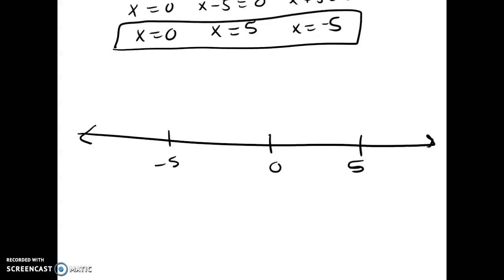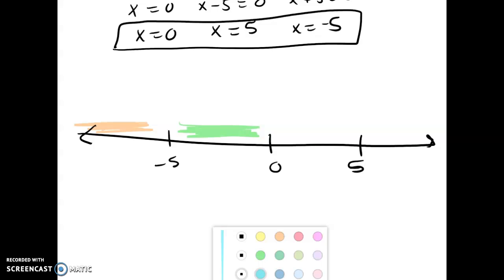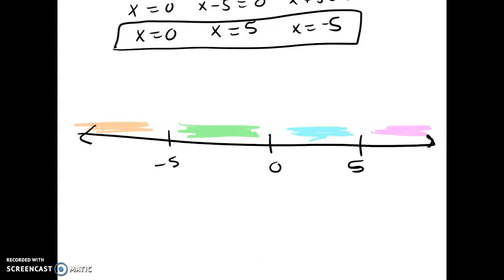I will have to test between these two key numbers, I'll have to test between these two key numbers, and I will have to test in this direction.